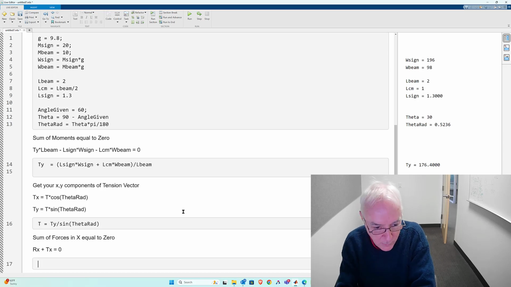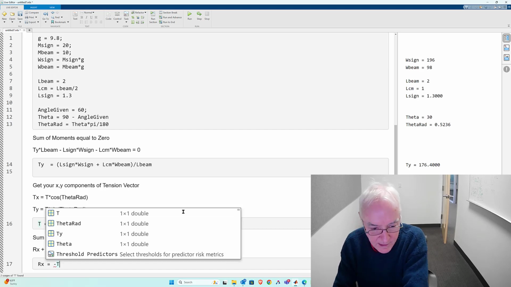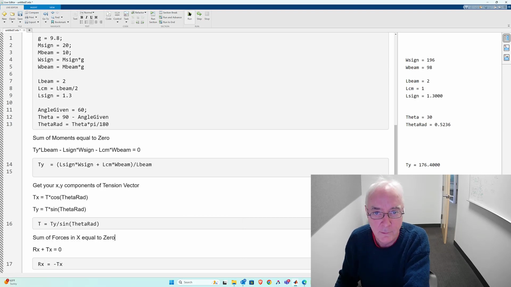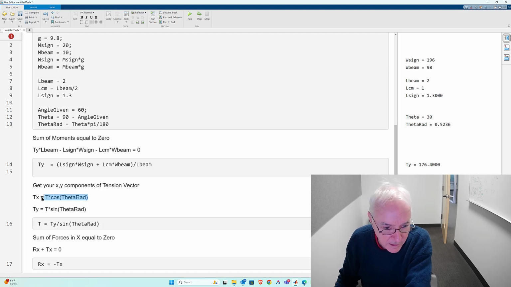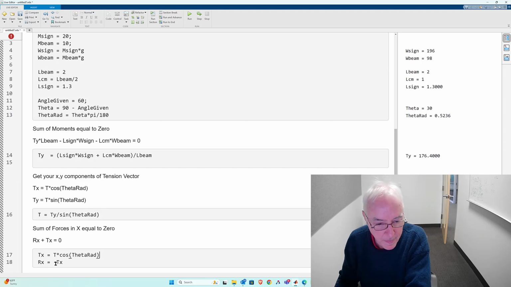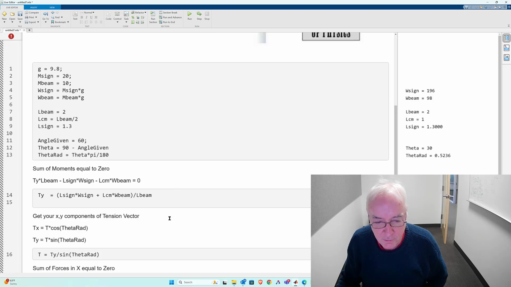So let's go Control E, and so we'll go Rx is equal to minus Tx. Now Tx has not been calculated yet, so if I were to run it right now, it would tell me that. So let's get Tx right here. What we see is that it's supposed to be acting in that direction.